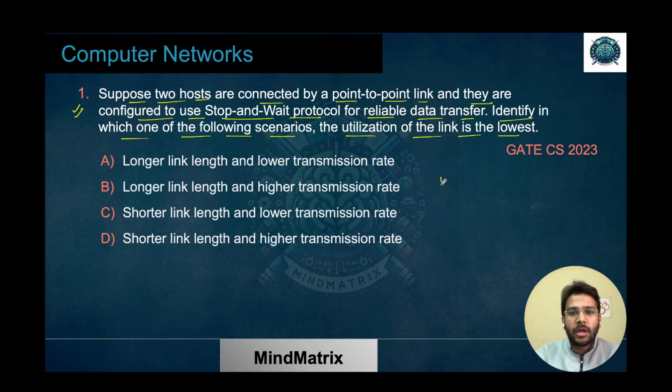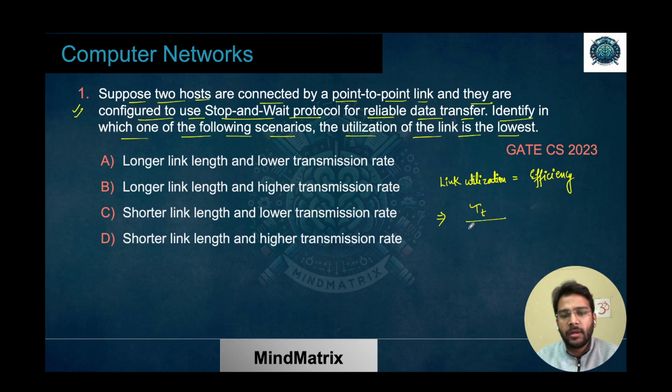So basically it is talking about the link utilization. Link utilization is lowest, and link utilization is nothing but the efficiency, right? Efficiency. And we know in case of stop and wait protocol, efficiency is nothing but TT divided by 2 times TP plus TT.